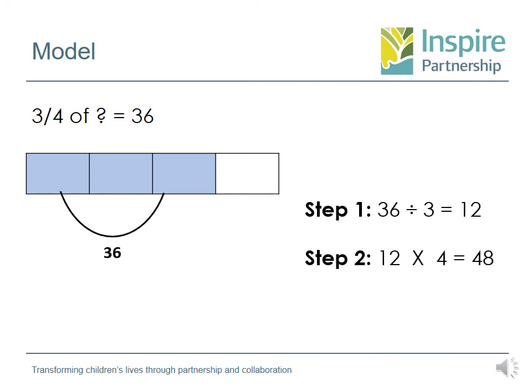To find out what my original number is, I need to do 12 multiplied by 4, which is equal to 48. I'm multiplying 12 by 4 because each box is worth 12, and there are 4 parts because it's in quarters. So now I know that 3/4 of 48 equals 36.